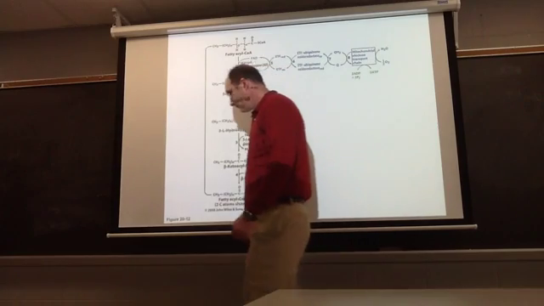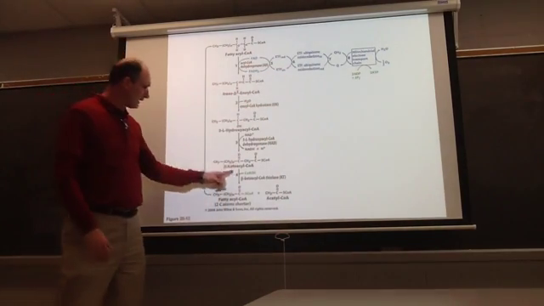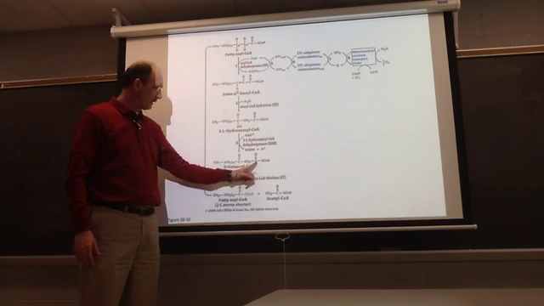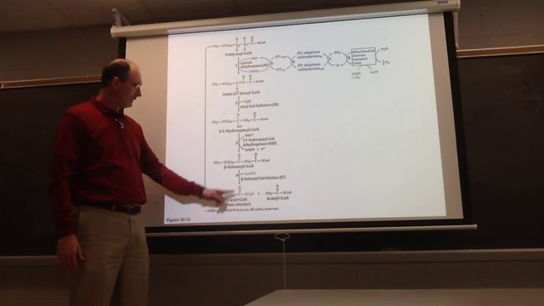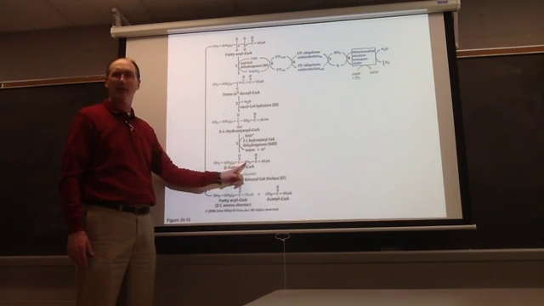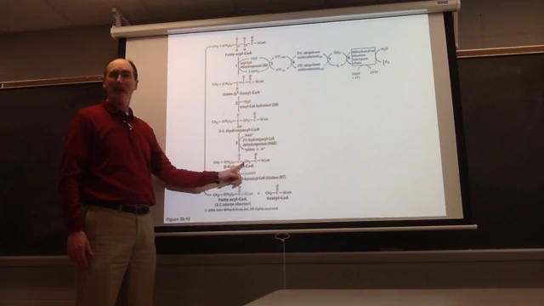And now we've got a carbonyl with a methylene group and another carbonyl. Since this carbonyl can stabilize a carbanion on that carbon, that carbon can become a leaving group.